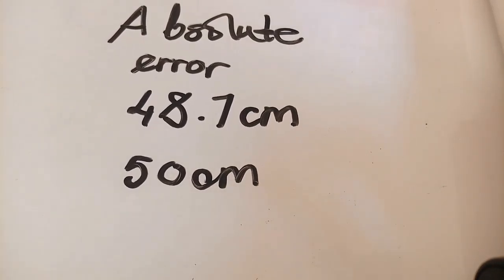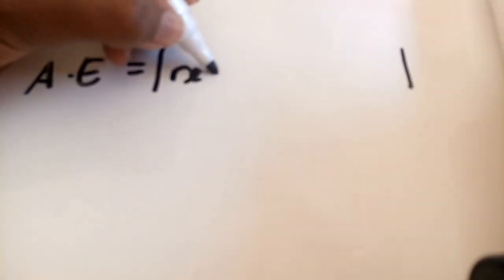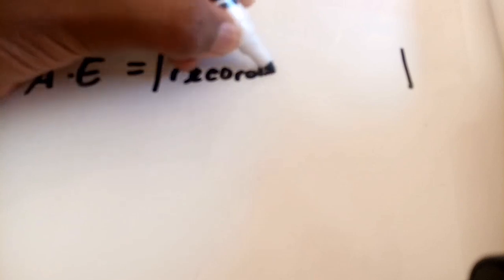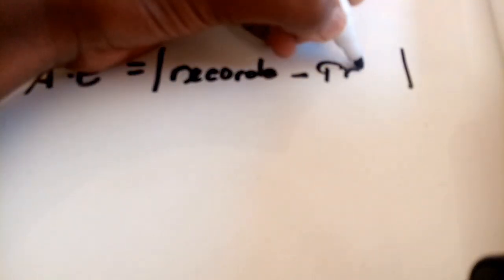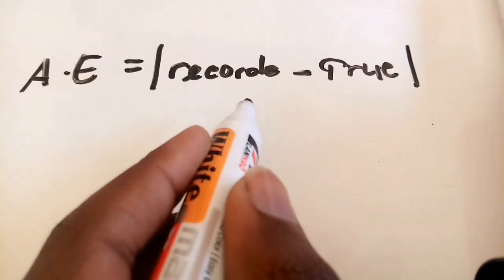When we're finding absolute error, there is a specific formula, but it's not complicated. It goes like this: absolute error, which is AE, will be equal to, we put these two lines, which are modulus bars, the recorded value minus the true value.